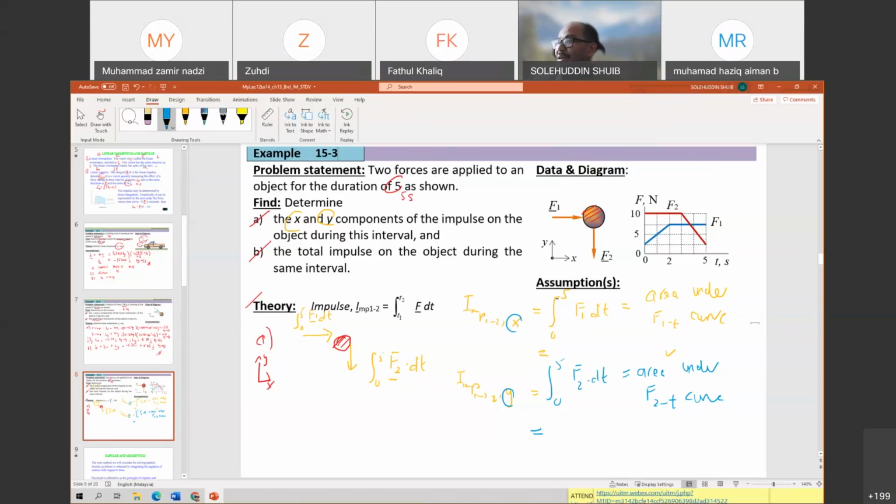If you cannot see, I want to enlarge it a bit so you can see clearly.